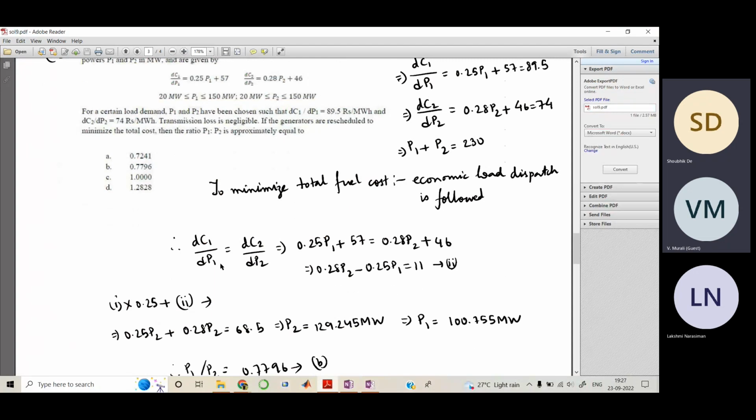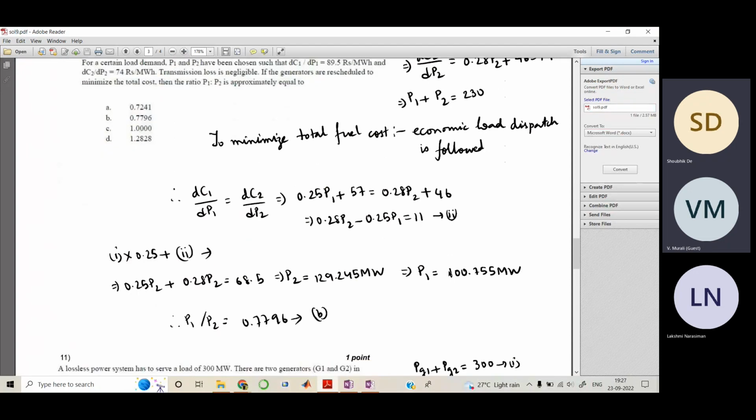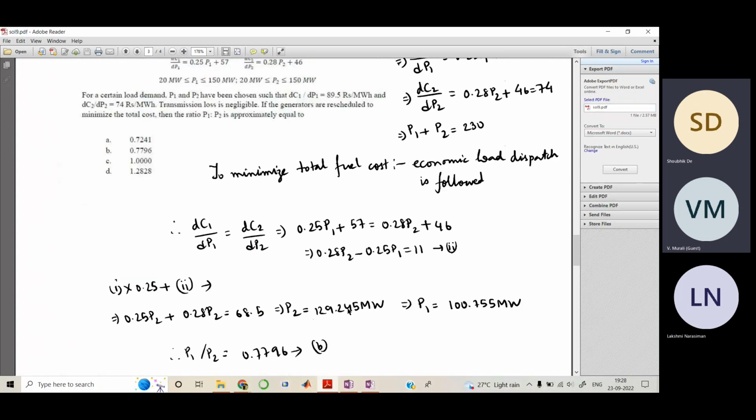By equating these two, you get your second equation, and by solving this, you get the values of P1 and P2. When you divide, it comes out to be 0.7796. This is your option B. I hope this was clear.